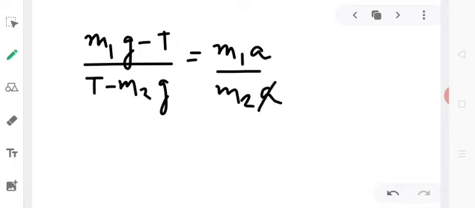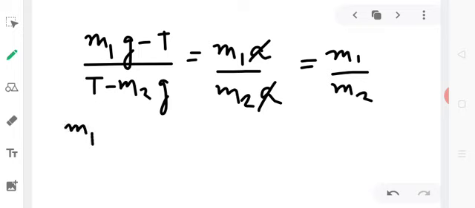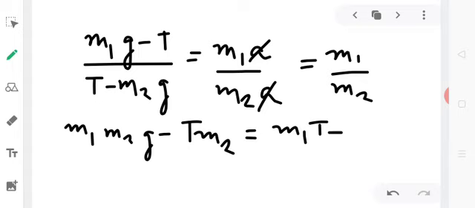You can cancel out a, so you are left with m1 by m2. So now on cross multiplying, we get m1m2g minus T into m2, and that is further equal to m1T minus m1m2g.